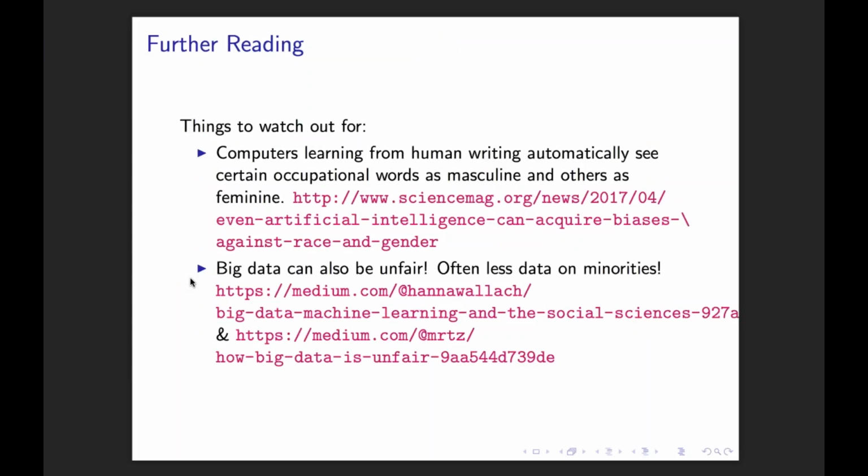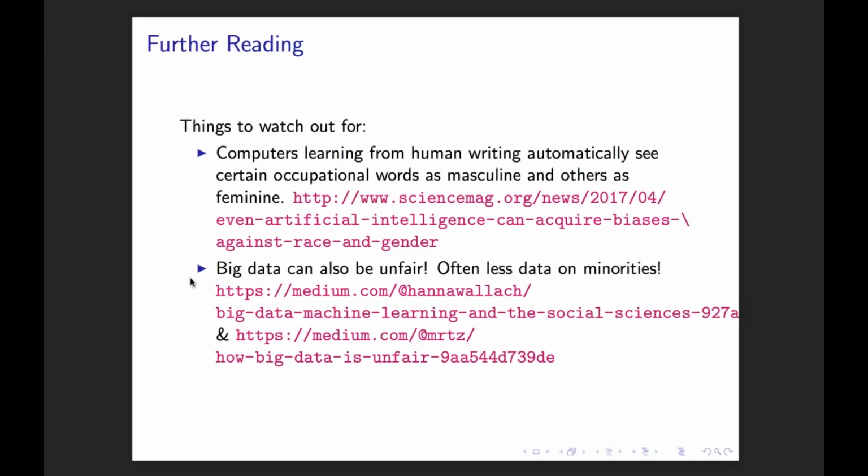In addition to that, I just wanted to point out some other things to watch out for. So when computers learn from human writing, they actually absorb a lot of the implicit biases that we ourselves as individuals have.